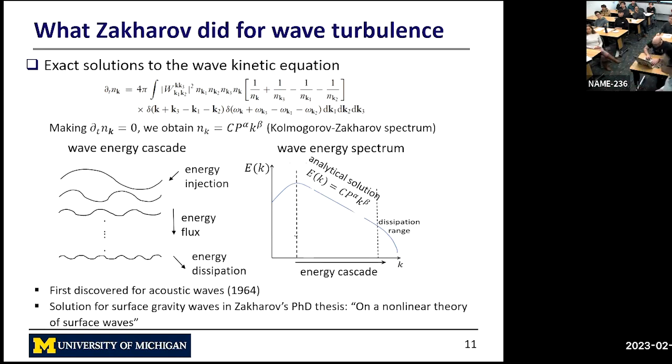His PhD thesis includes the theory of surface gravity waves that gives us a power-law solution of omega to the minus 5, which is consistent with the Pierson-Moskowitz spectrum and the JONSWAP spectrum. But now this is obtained directly from the theory. Of course, later he generalized this process for many different wave systems, and it became a methodology.